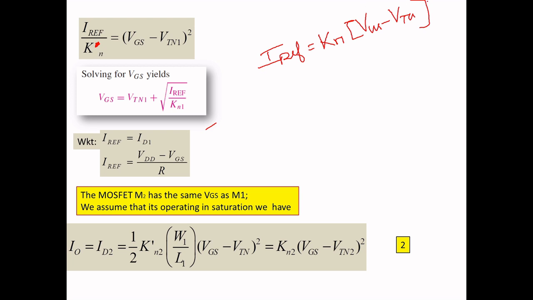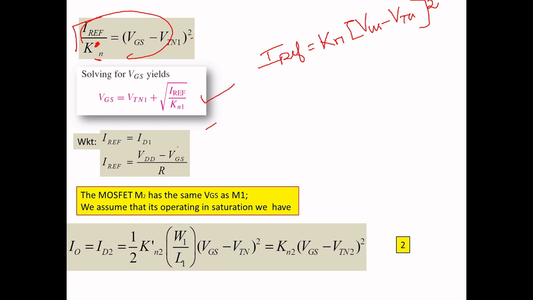Here you will not have a K dash, it should be Kn. When you rearrange this equation, bring the square over, and you will get the square root here. That is, you will get VGS equal to VTN1 plus square root of IREF by Kn1.